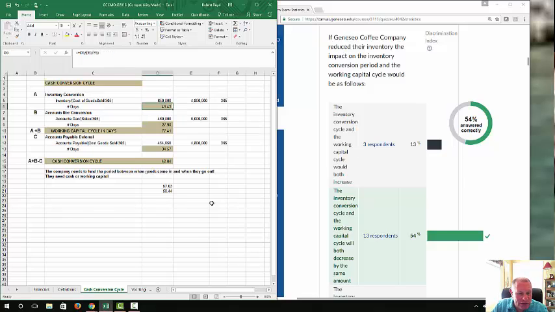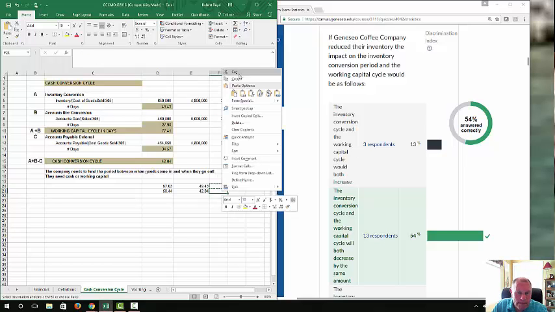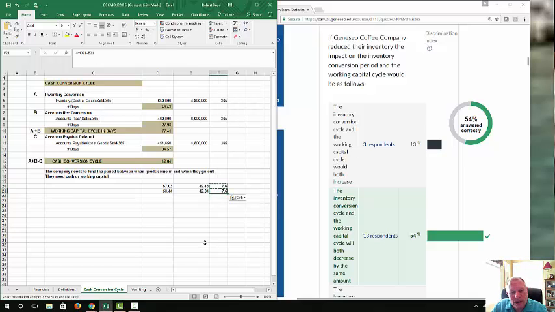So now it's 49.43 and 42.84, and if we take the difference, it's 7.6.